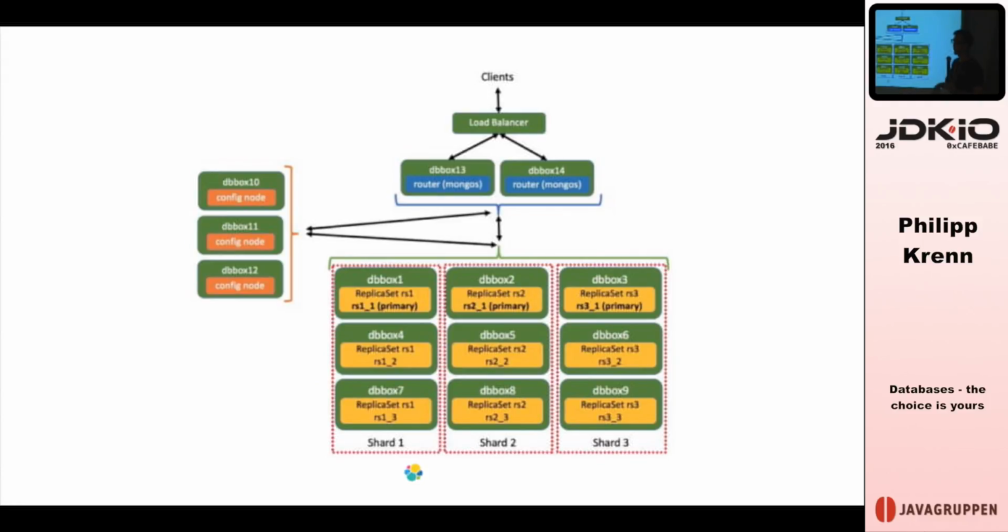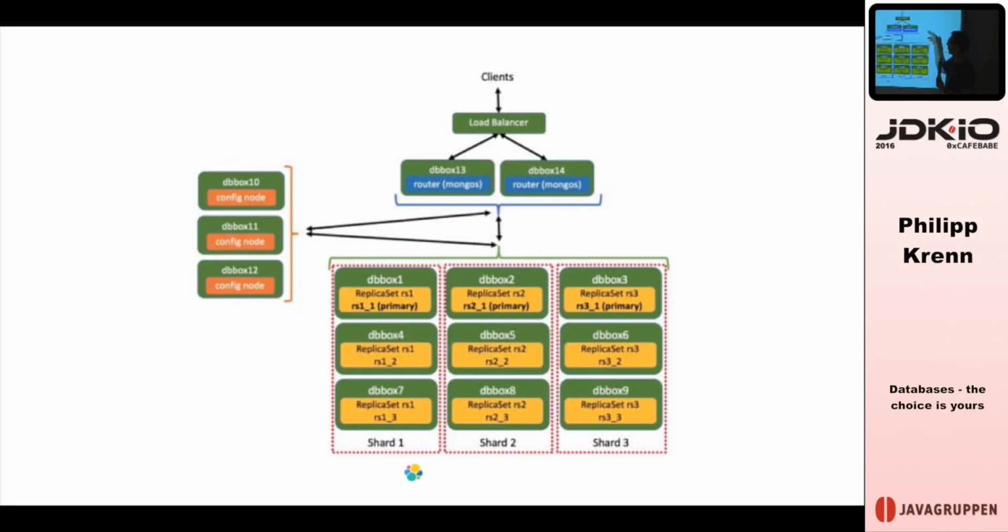But as soon as you need to split the data, for example, into 3 pieces because it's getting too large for one server or you have too many queries, then you need to replicate each piece. So you have 9 servers here. And then you have 3 configuration servers for production environments, which just hold the state, like which data lives on which of these 3 replica sets.